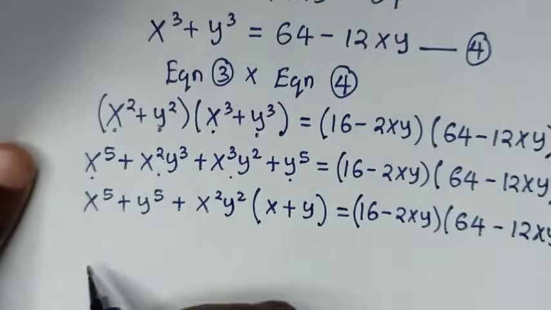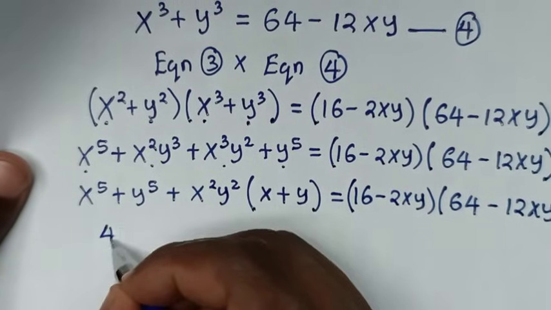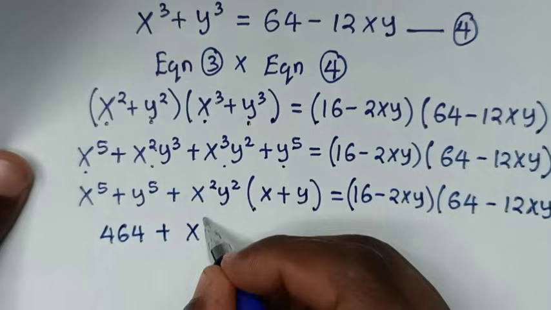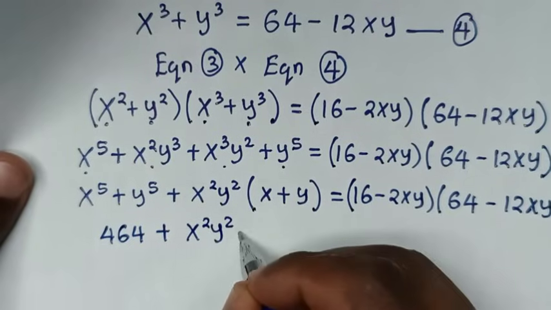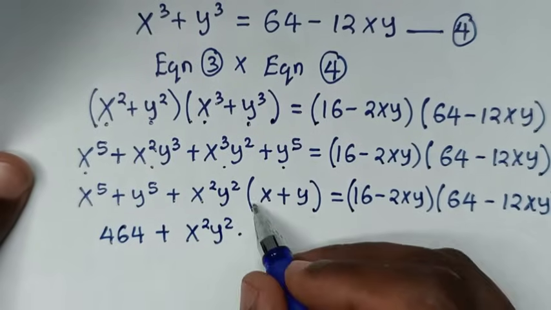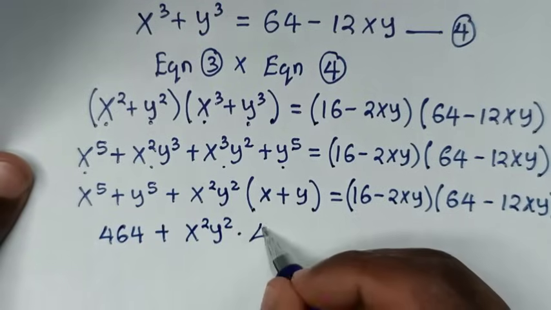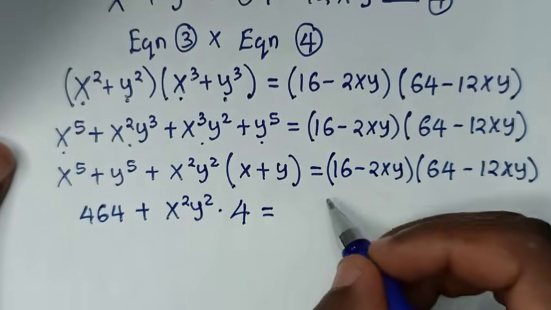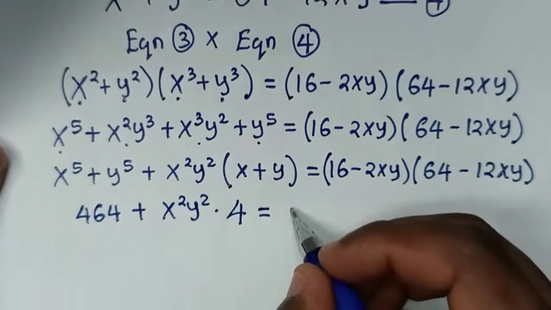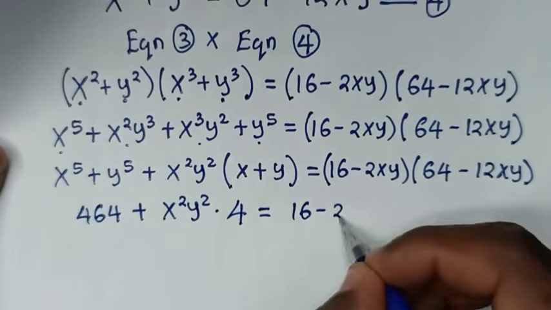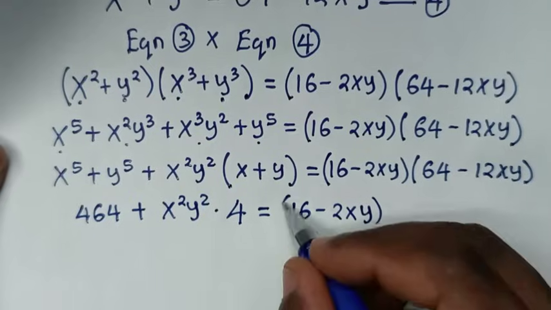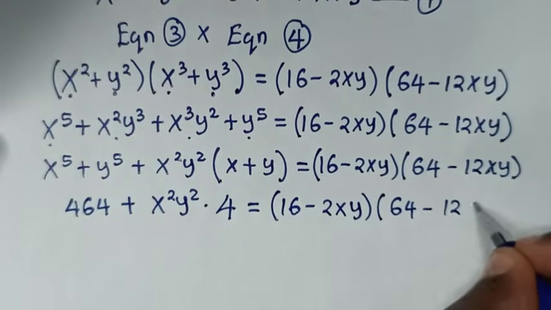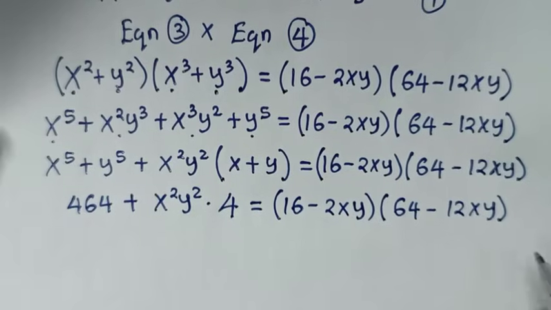So in here we'll substitute 464, then plus x^2y^2, then times (x + y), which is from the first equation, equal to 4, is equal to (16 - 2xy)(64 - 12xy).